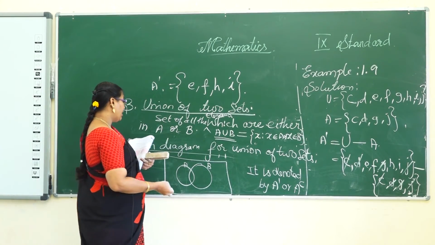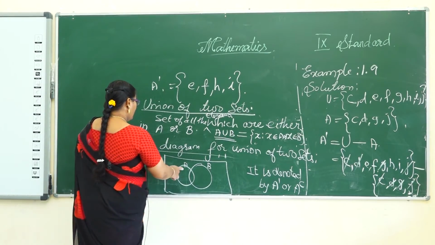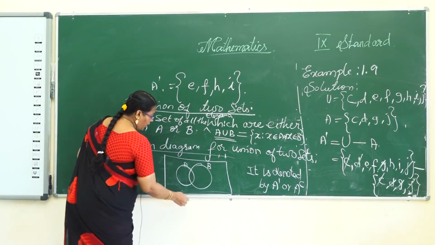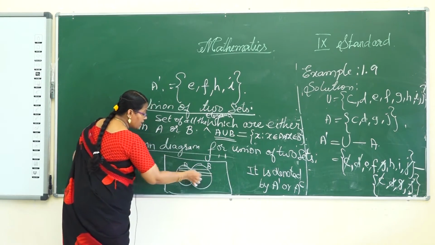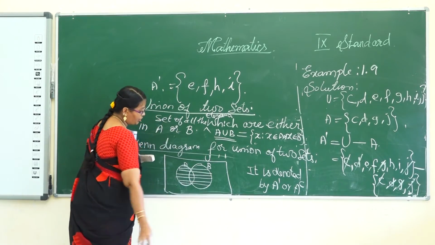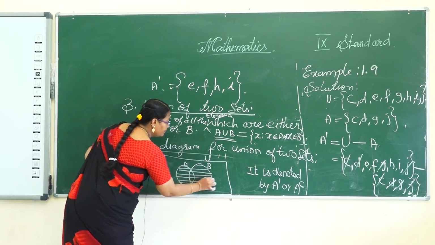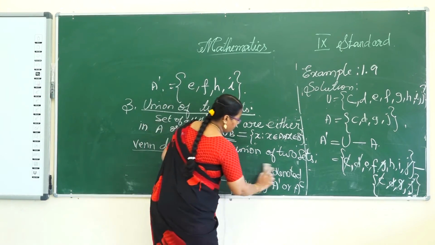Then you can find the union of the two sets. So A union B: join all the elements in sets A and B, so shade these two portions. That is called A union B.